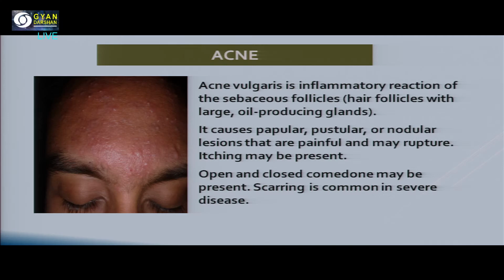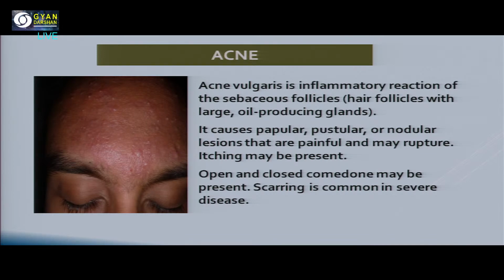Then acne. One of the most common problems everybody faces is acne, and it is very common especially in youngsters, that is teenagers and young adults. It is the inflammatory reaction of the sebaceous follicles. We can see so many small acne that have grown over this girl's forehead.